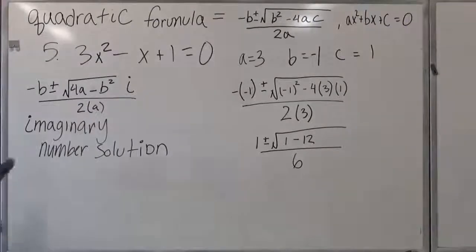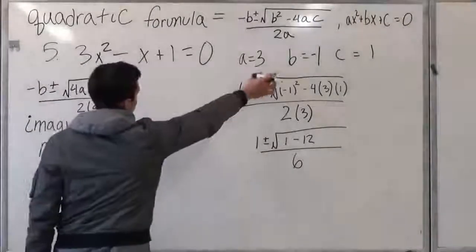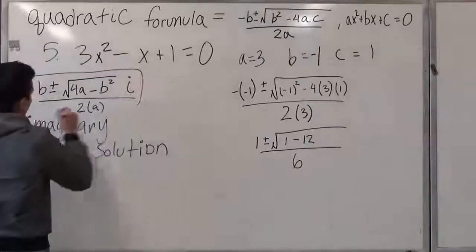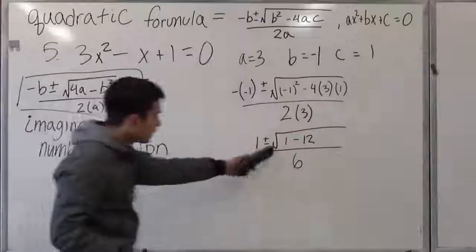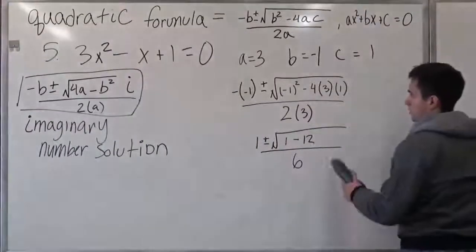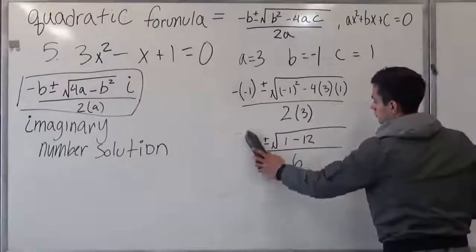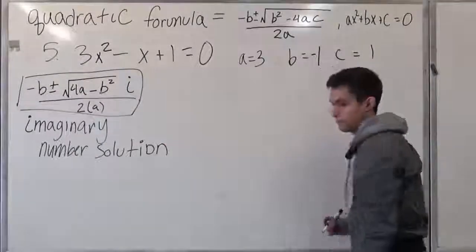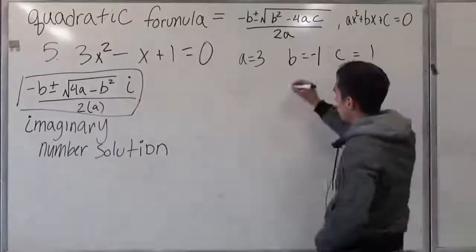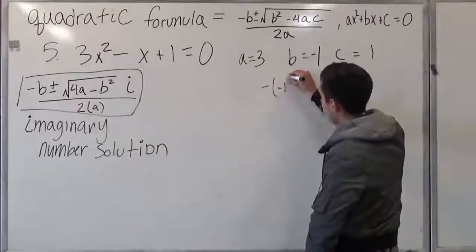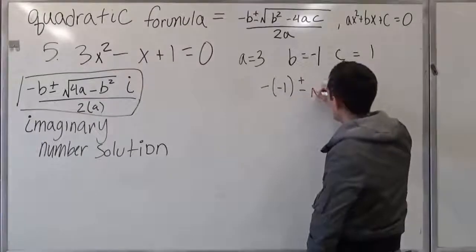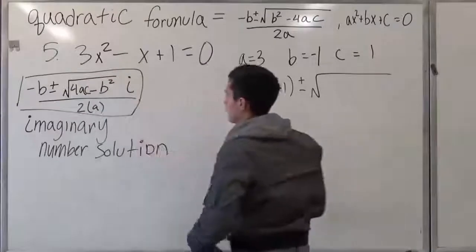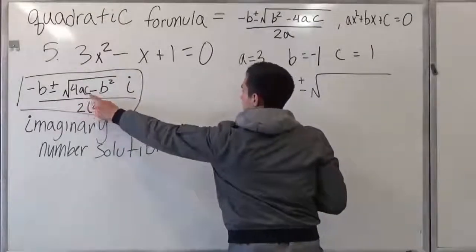So now let's try to plug in these coefficients into this formula, because we see that 1 minus 12 gives us a negative, so we want to get a solution. So let's erase this and plug it into this formula. So off the bat, we know negative 1, because it's b, plus or minus the square root of 4 times a times c. I forgot to include the c, so remember, it's 4 times a times c.